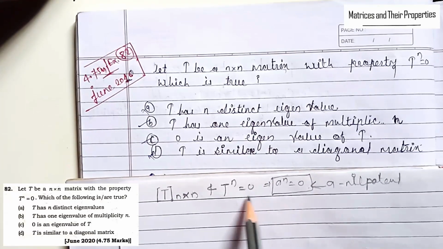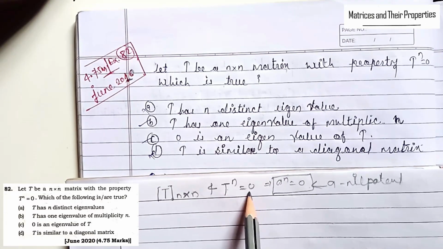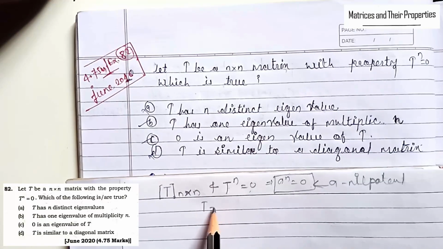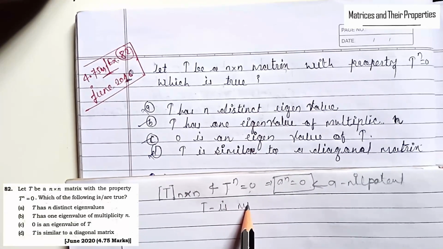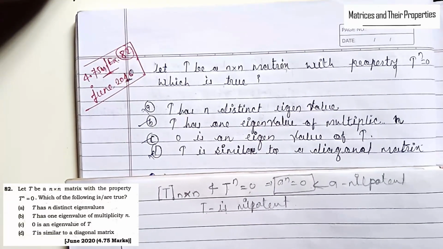Similarly, applying this condition here, T raised to n is 0, which means T is nilpotent.